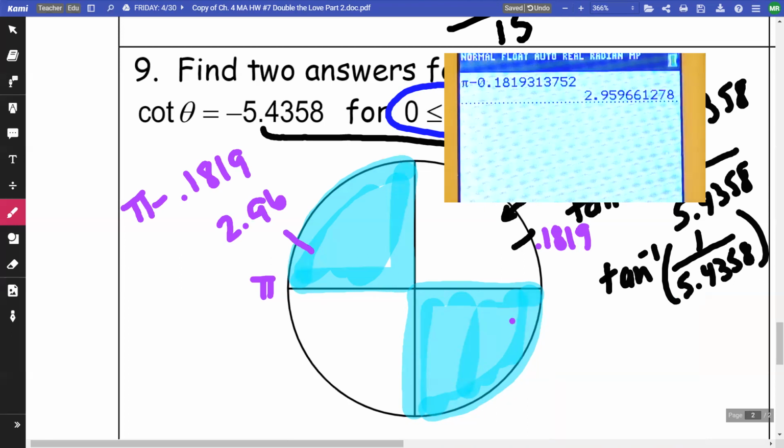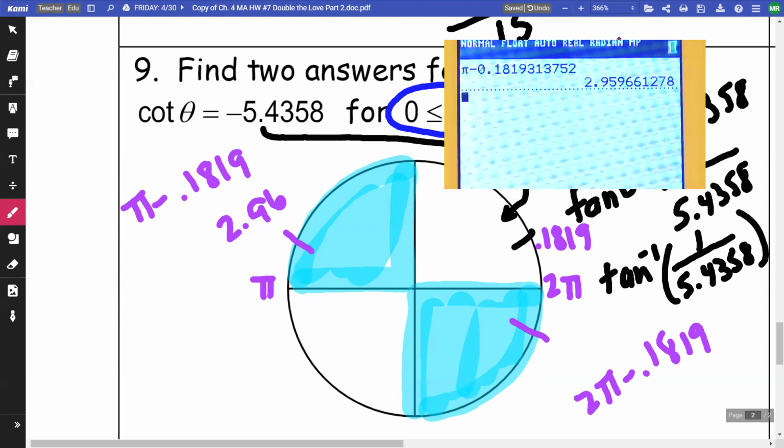I'm going to do the same thing in the bottom, okay? Again, I'm going to be that much short of 2 pi, so I'm going to go 2 pi minus 0.1819. And did they say how many units?